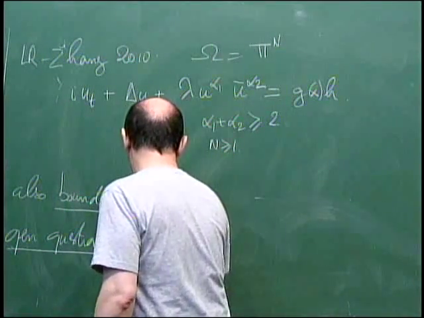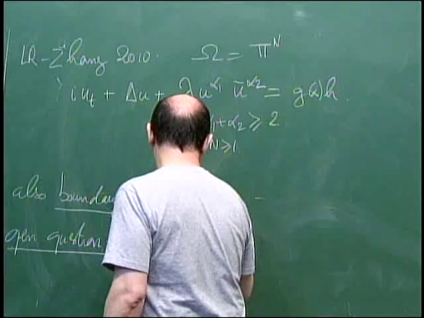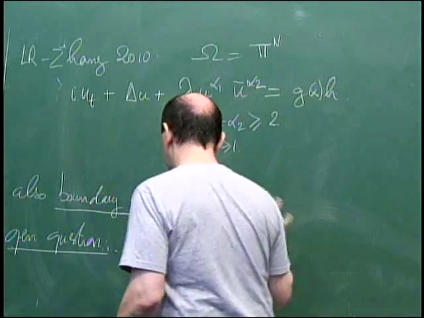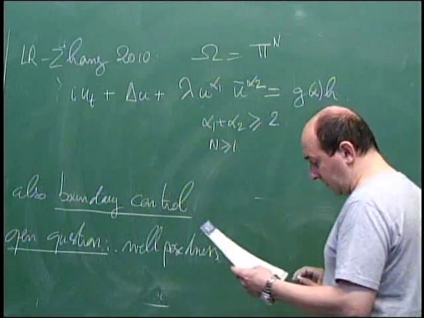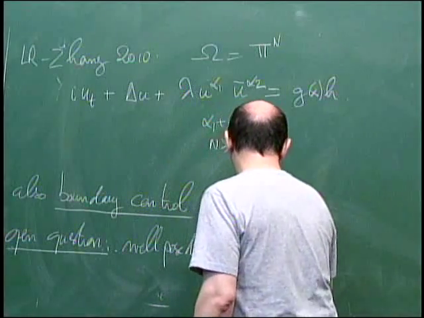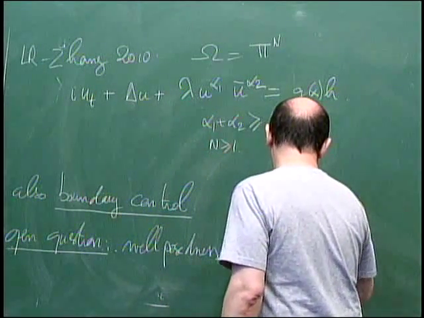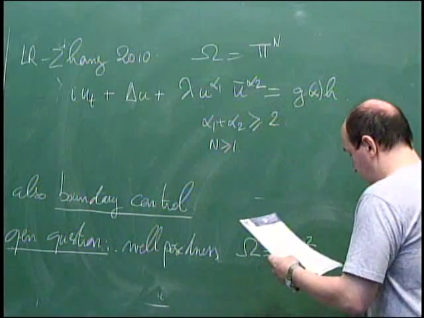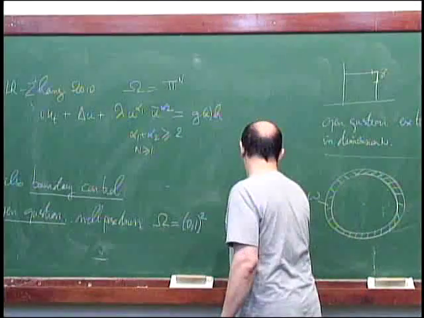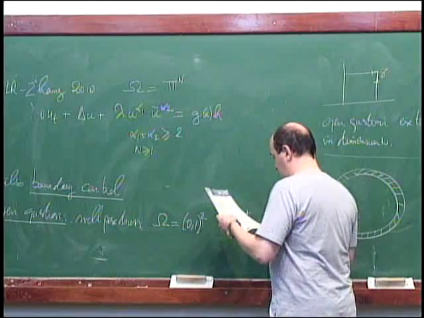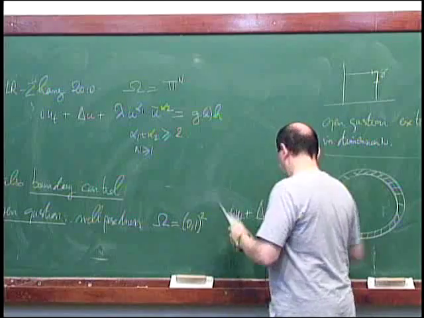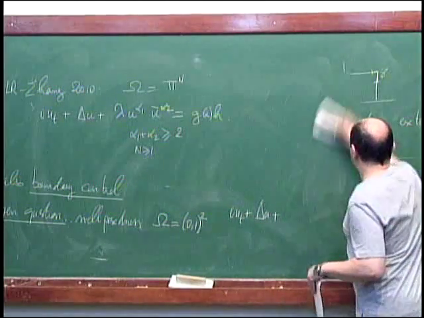The problem is well-posedness. So without any control issue, well-posedness when omega is like this, and you consider, for instance, the Schrödinger equation with the cubic term.